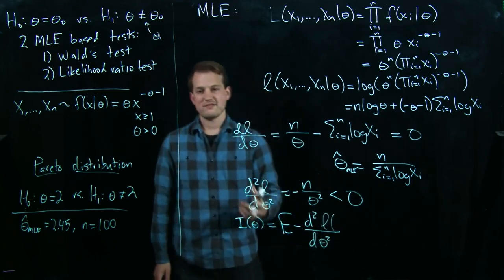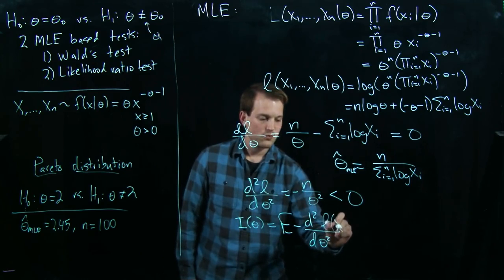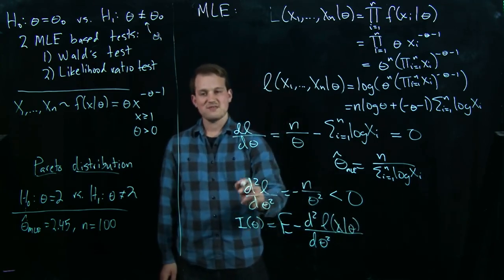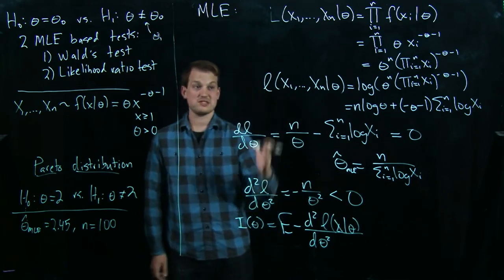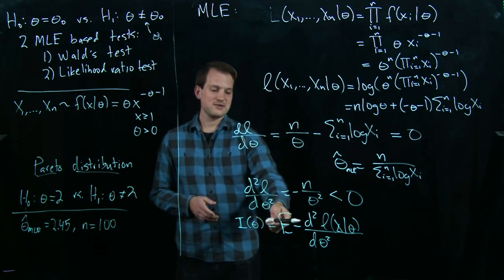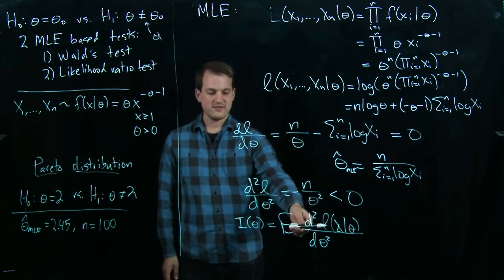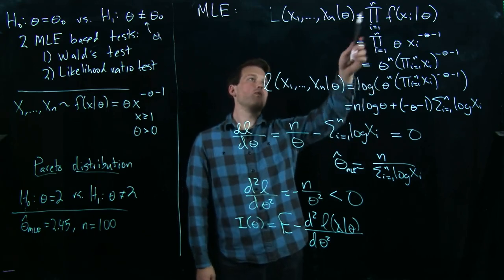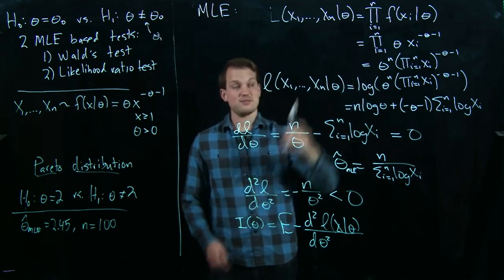Now normally when we write the Fisher information, we want it with respect to one copy of x, right? If we take the expectation of this, that would give us the joint Fisher information of this whole sample. But when we write I of theta, we just want the expectation of the minus second derivative of the likelihood of 1x.